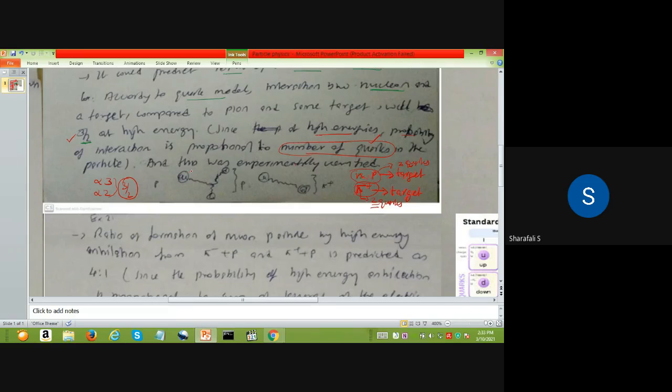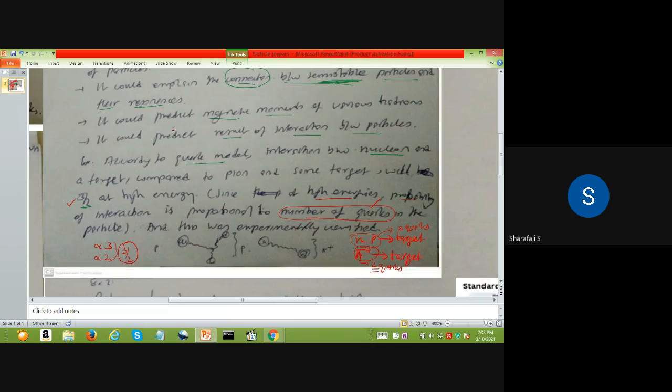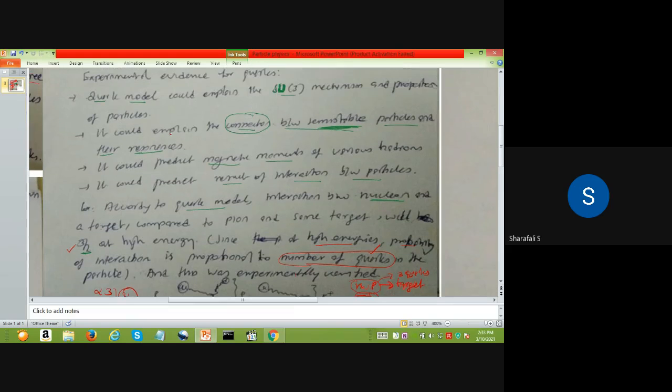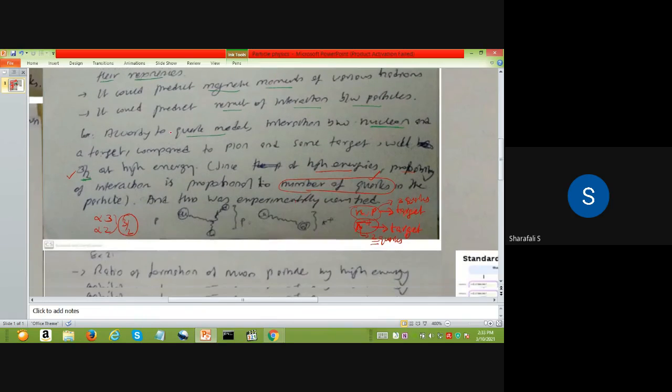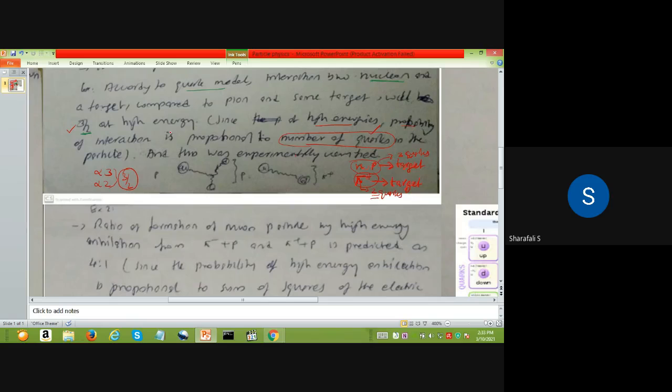Which means that the Quark model is experimentally valid. So this is a prediction by the Quark model, and it was experimentally observed.